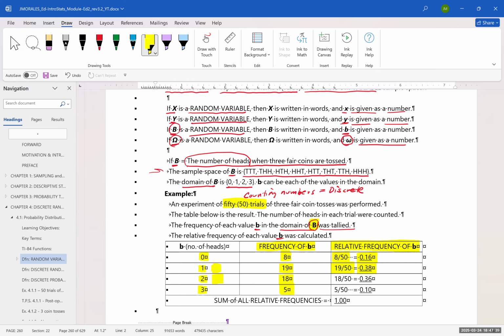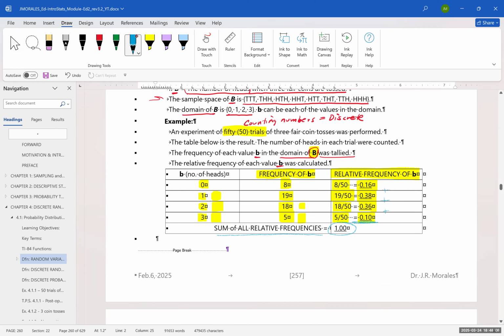For 2 heads, we got 18 of them, and 18 out of 50 is 0.36. And for 3 heads, we had 5 of those, so 5 divided by 50 is 0.10. And you'll notice that if we add all these together, they add up to 1. So the sum of all the relative frequencies is equal to 1.